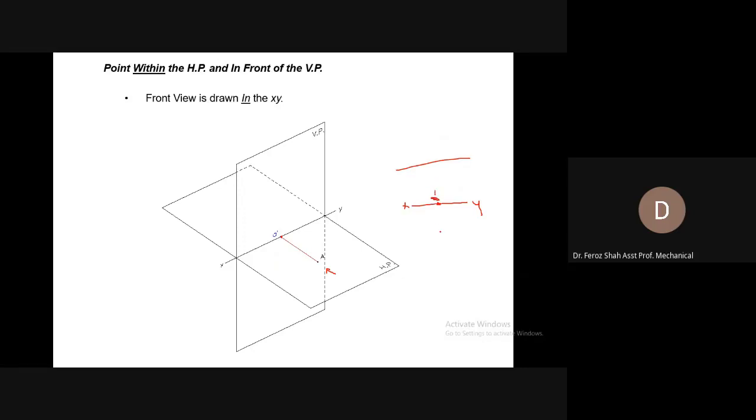And for the top view, looking at it from above or from below, its top view would be formed exactly at this position on the horizontal plane, and after rotating the horizontal plane, the top view would come below the XY reference line, somewhere here.